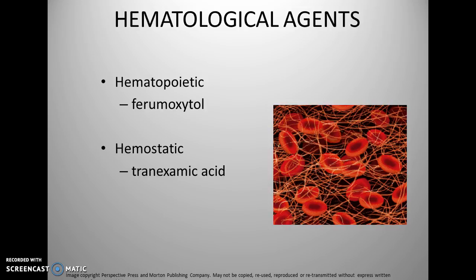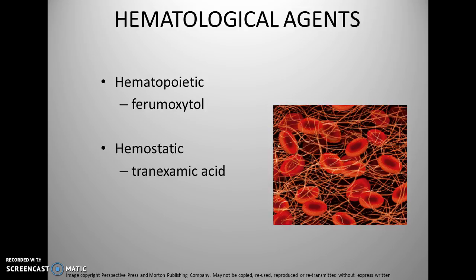Anemia is characterized by a decrease in hemoglobin of red blood cells, and basically that would lead to oxygen deficiency. So you want to reverse that. You have many different types of anemia, and sometimes they develop in elderly individuals. You can have iron deficiency.